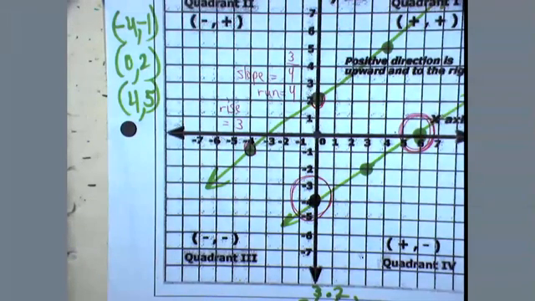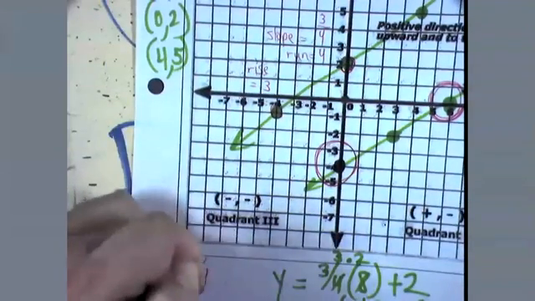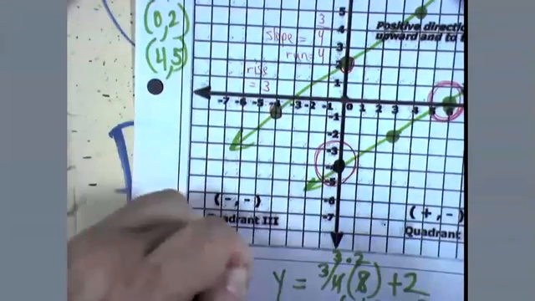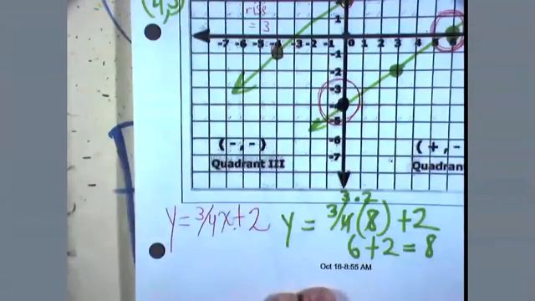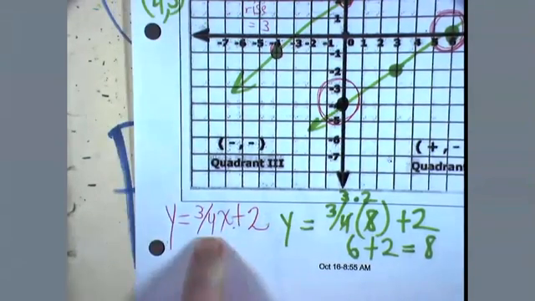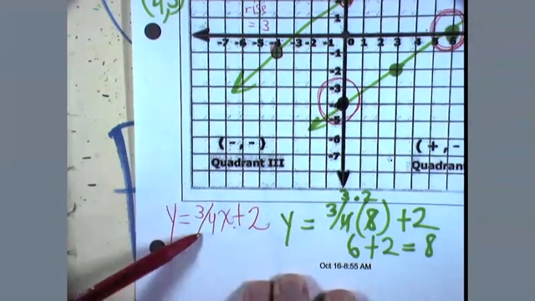If you notice in our original equation, this was our original equation. It's no coincidence that our slope is 3 over 4, and we had 3 over 4 in the equation itself.